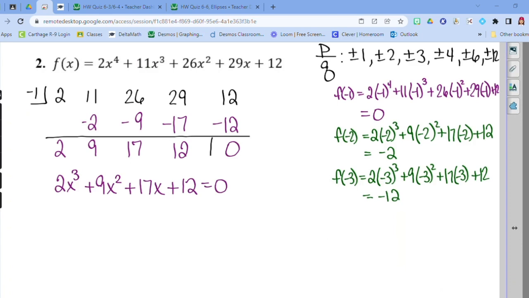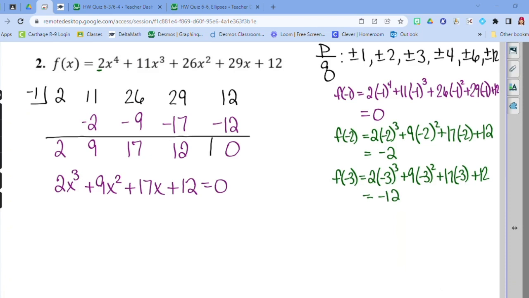So I'm going to jump and let's look at the fractions of P over Q. So each of these numbers, 1 through 12, 1, 2, 3, 4, 6, and 12, I've got them all over 1. So now let's go back and put them over 2, which is the other factor for Q. So I have 1 over 2. 2 over 2 is 1, so I don't worry about that.